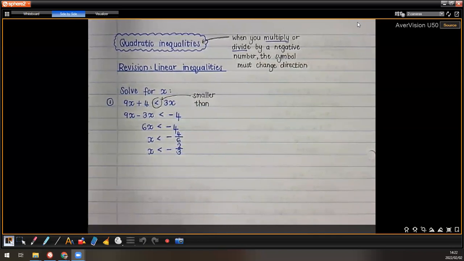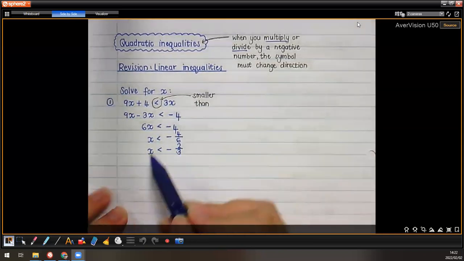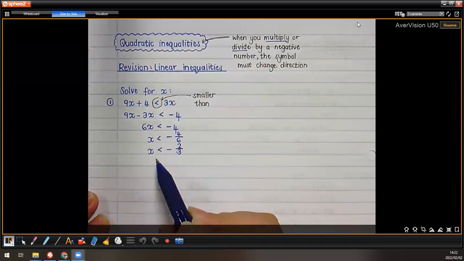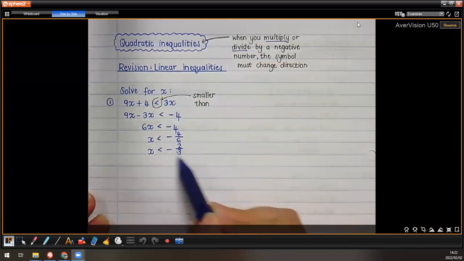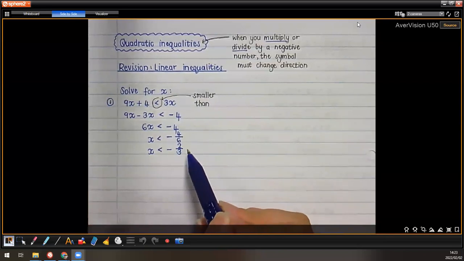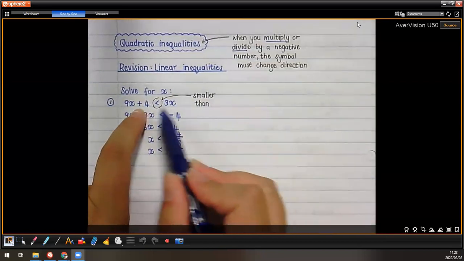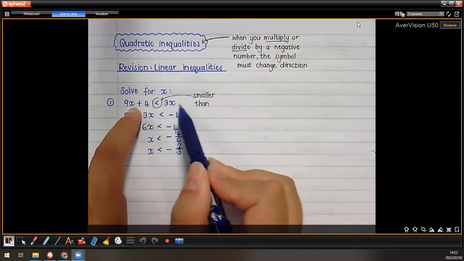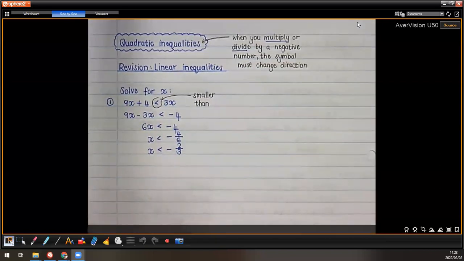That's also smaller than negative 2/3. So we actually have a range of answers for x here: any number that is smaller than negative 2/3. Any such number will give us a number on this side that is smaller than 3 times whatever that x is. I'll just add here.